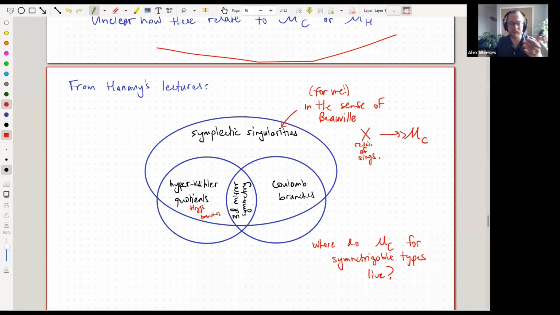So it's a smooth variety with a proper birational map, which I'll call pi, onto this Coulomb branch.